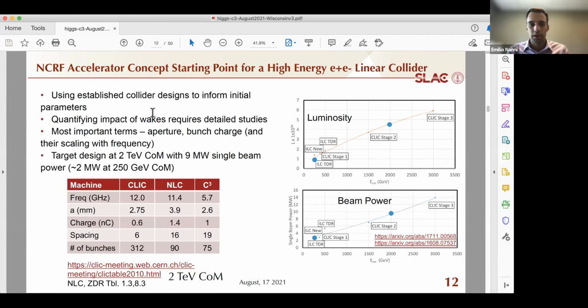And really the only way we could do this was to lean on existing collider designs to inform our initial selection of parameters, in particular CLIC and NLC when it comes to the beam aperture that was needed, bunch charge, and how we can handle the wakes in the structure, the wake fields. And now we're moving our study back from 2 TeV center of mass to see how it could be realized at 250 GeV center of mass.